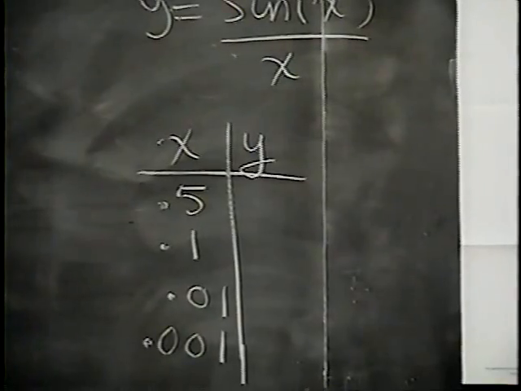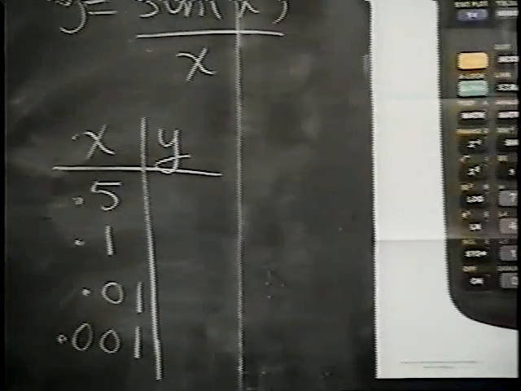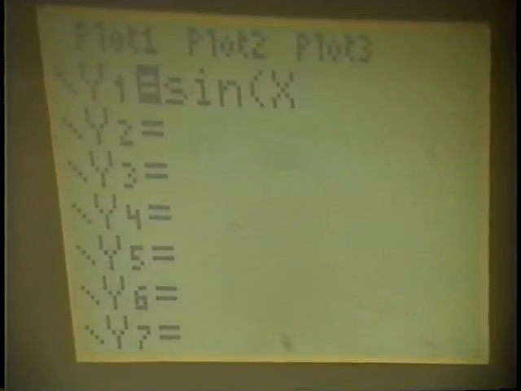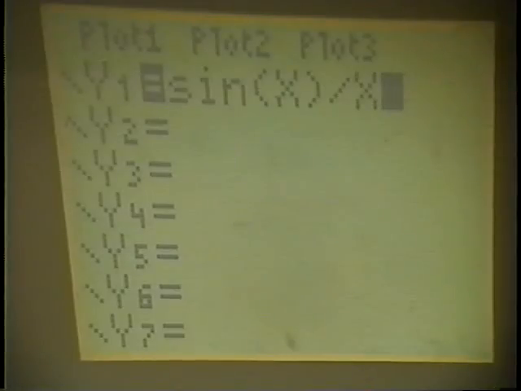So I'm going to enter in for y equals sine, and it automatically gives me the x parentheses on the 83, but not on the 82. In the 82, you have to put the parentheses. Put the x, close the parentheses, divided by x. So my function is y equals sine x over x. And I hit second and table.